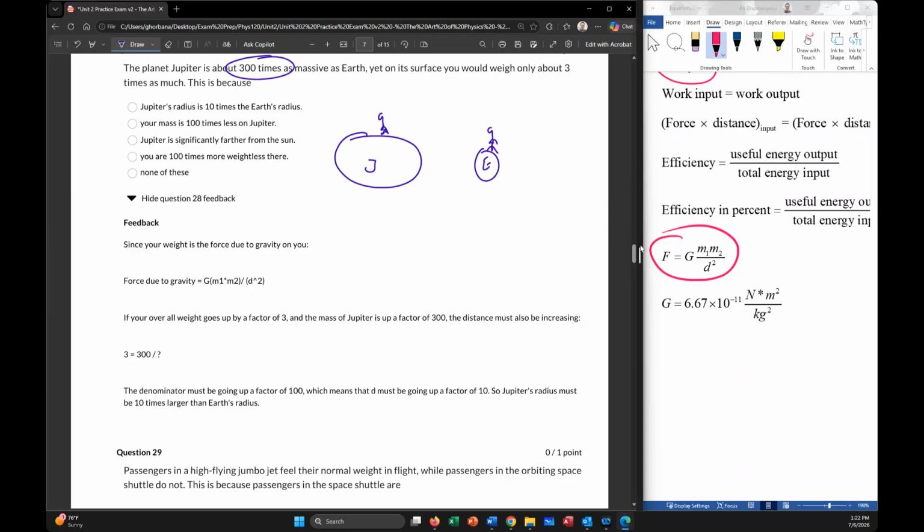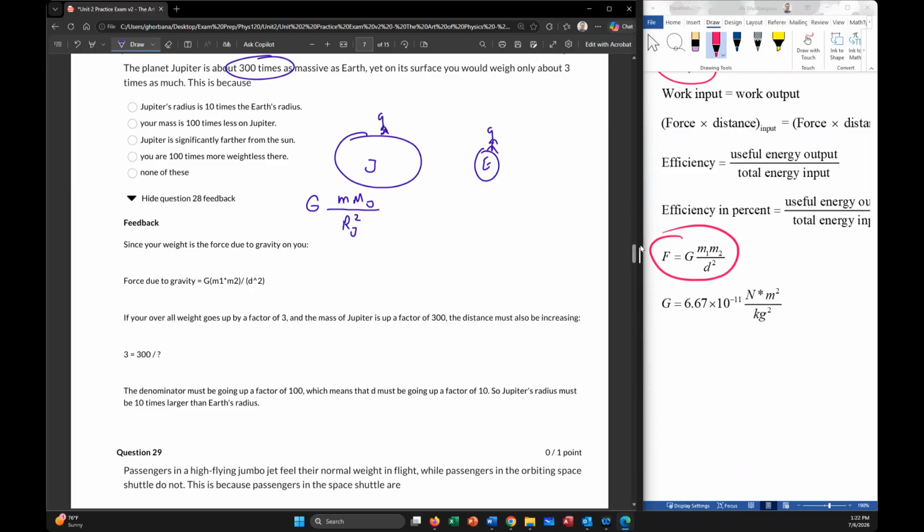And when you are on the Jupiter, mass of you, yes? Mass of Jupiter, yes? Divided by, I put the G here, yes? And the distance between the Jupiter center to you is going to be the radius of the Jupiter, yes? Squared.